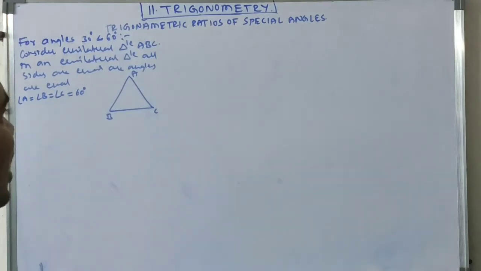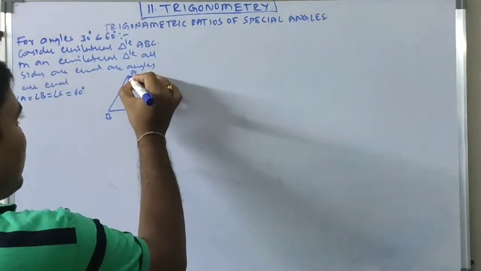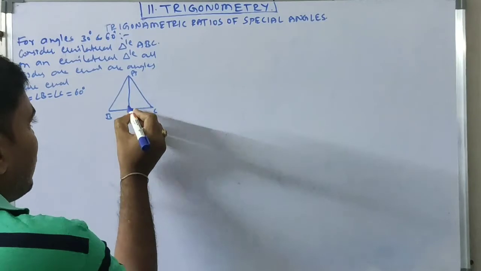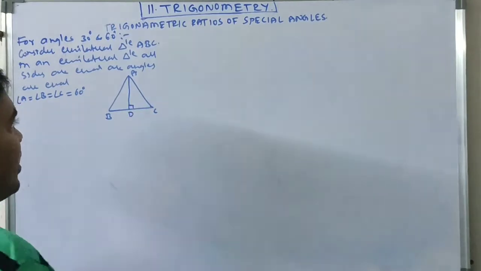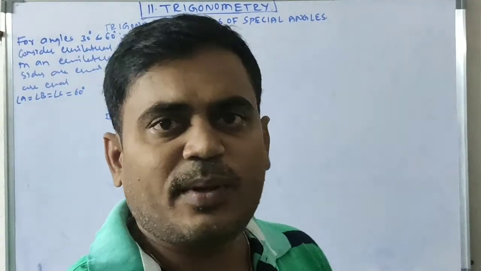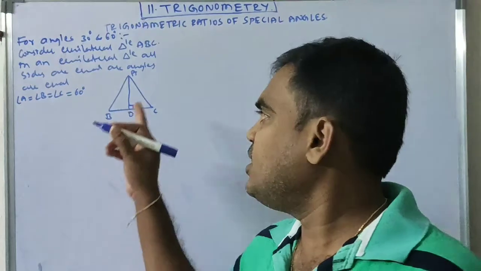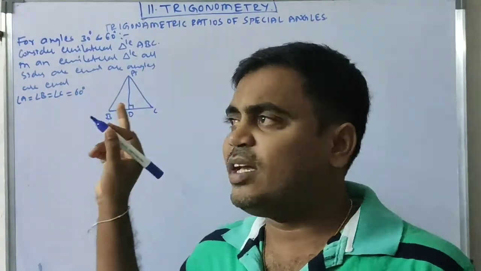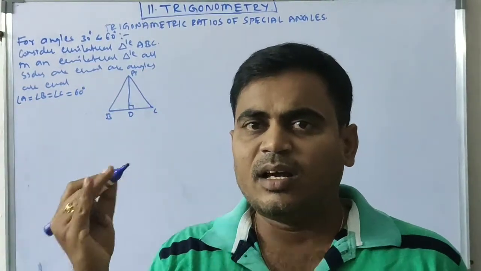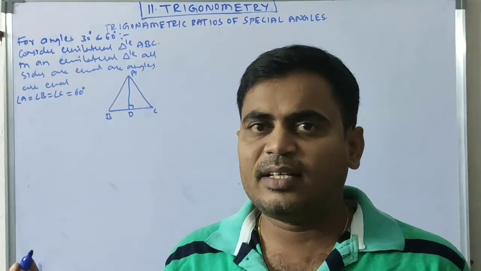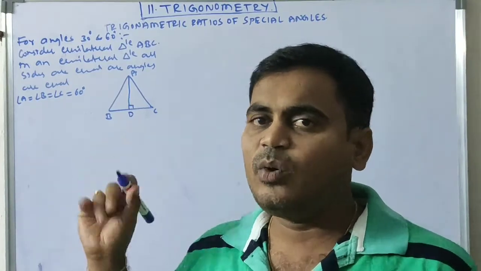Now I want to draw a perpendicular from A. Let us consider D. So AD is the altitude. If we draw a perpendicular from the vertex, it is an altitude. Since it is an equilateral triangle, median, altitude, perpendicular bisector, angle bisector all coincide.